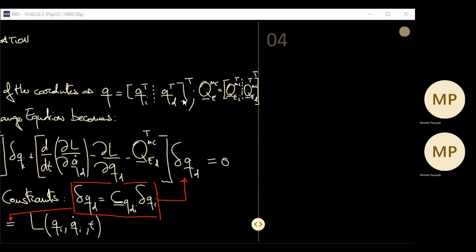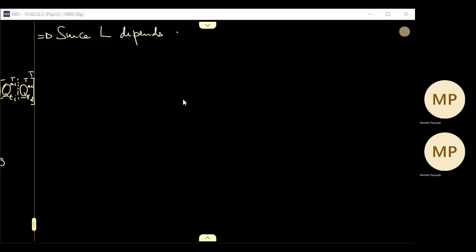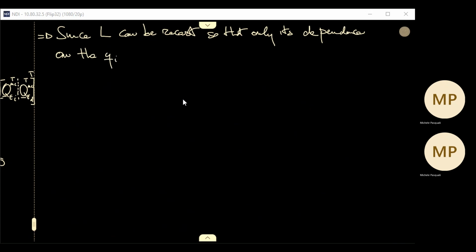All right. So we can say that since L depends only, or if you want, can be recast so that only its dependence on the Qi and Qi dot is present, we have that dL over dQd dot is equal to dL over dQd, and this is equal to 0.